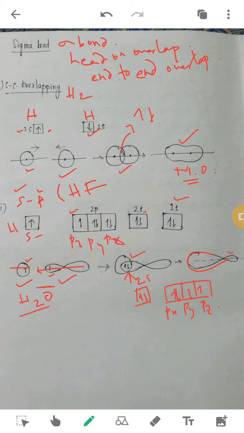You have two orbitals which are unpaired here. Suppose I draw those py and pz orbitals here. So you have these two orbitals which can combine with two s orbitals.